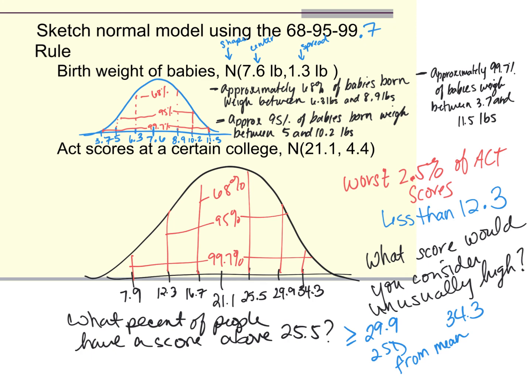Is it 32? 16, right? We have 68% here in the middle, which leaves 32% in the tails. So about 16% are expected to have a score above 25.5. So approximately 16%. That's all you're required to do in the problems tonight. Draw the normal model and then answer the questions based on this and then what we had on the last slide, those percentages that are left in the tails.